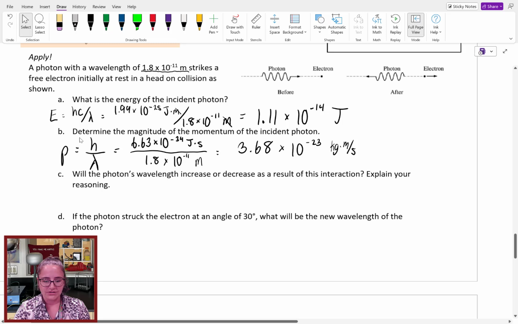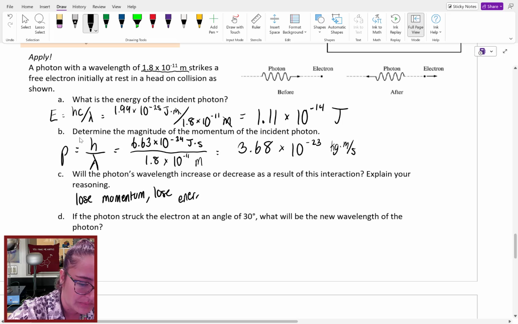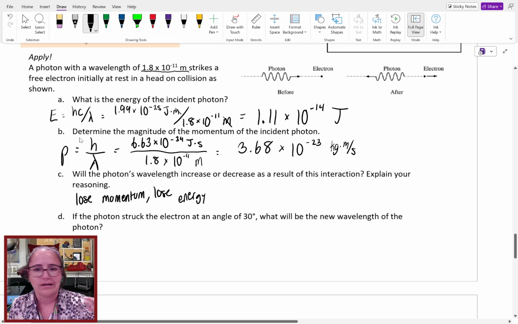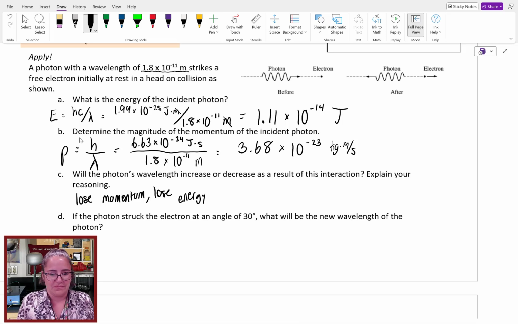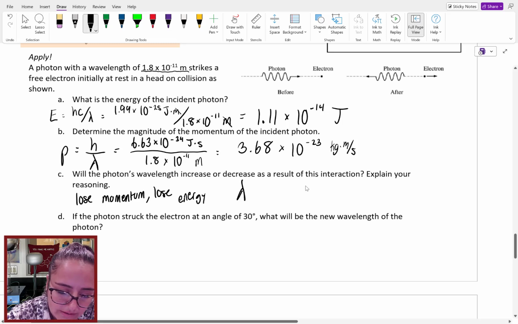So will the photon's wavelength increase or decrease? Well, it's going to lose momentum and thus lose energy because it collided with something. It made the electron move, so it must have lost energy. So its wavelength will increase.